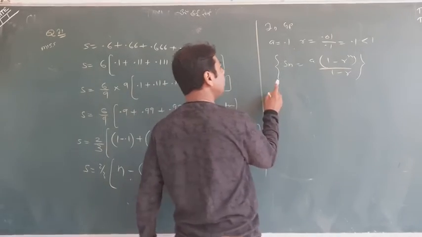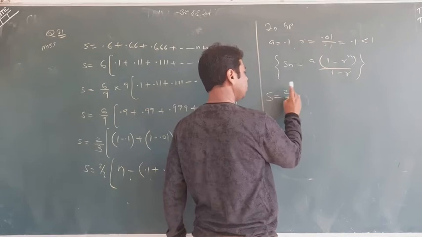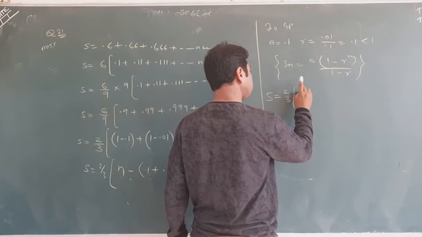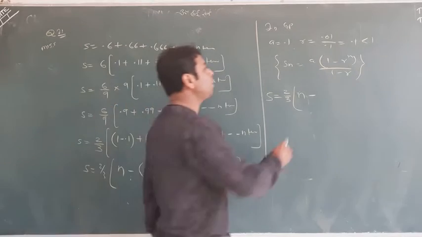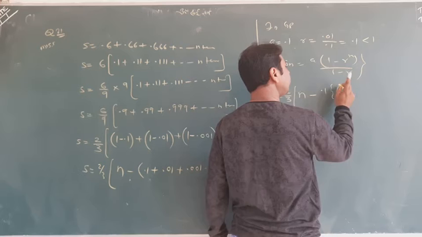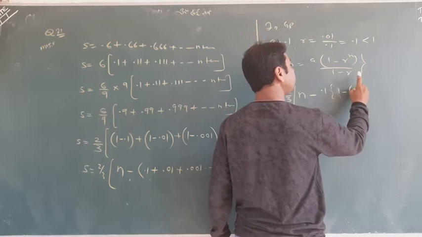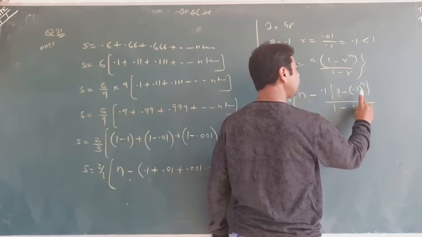Now go with this formula. S equals 2 by 3 times n minus the sum, which I am writing now using the formula: a meaning 0.1, times 1 minus the ratio 0.1 to the power n, upon 1 minus 0.1.